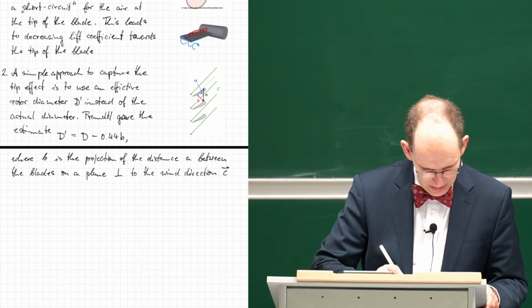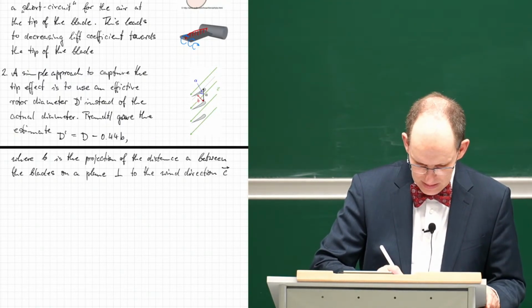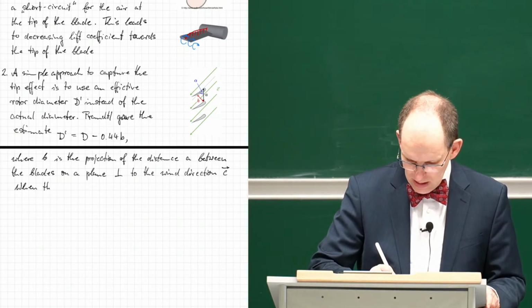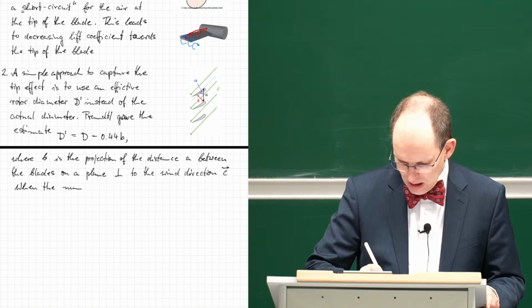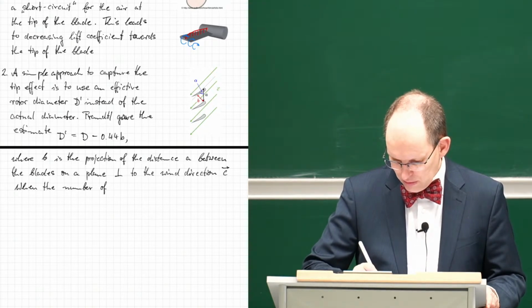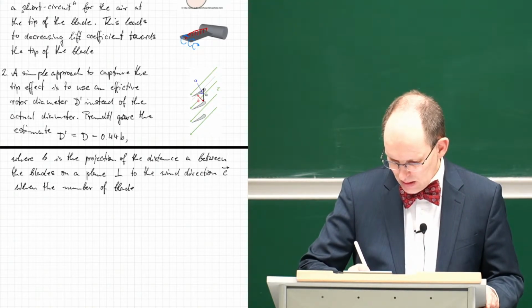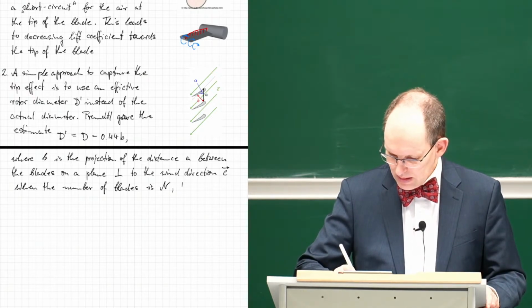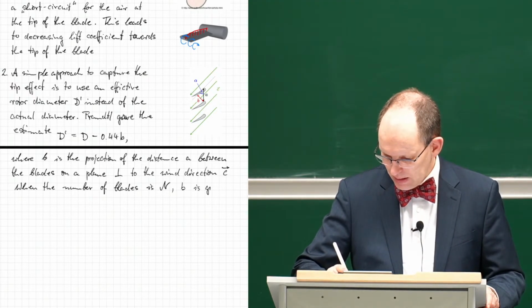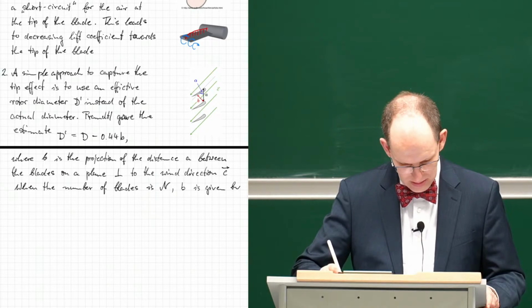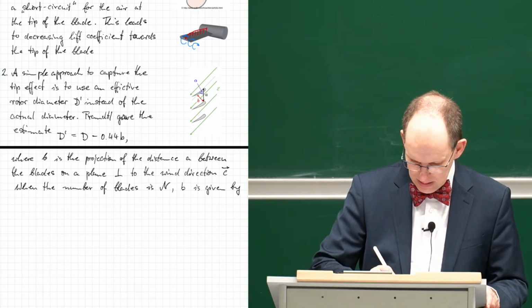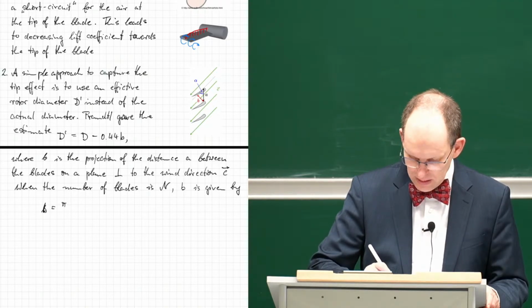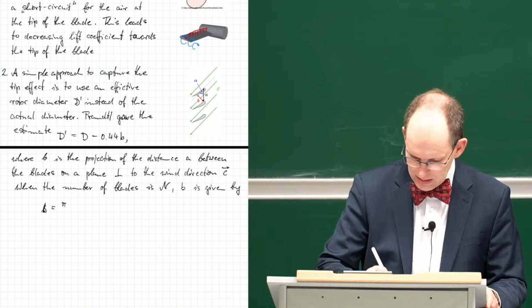And we can calculate this when the number of blades is capital N. B is given by, now we need, of course, the circumference.